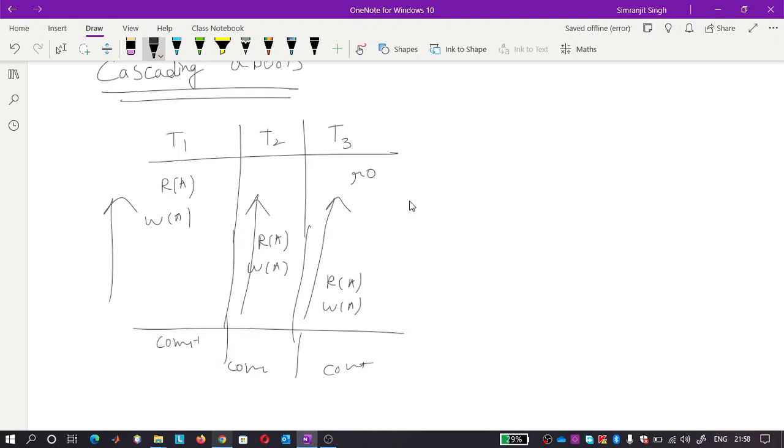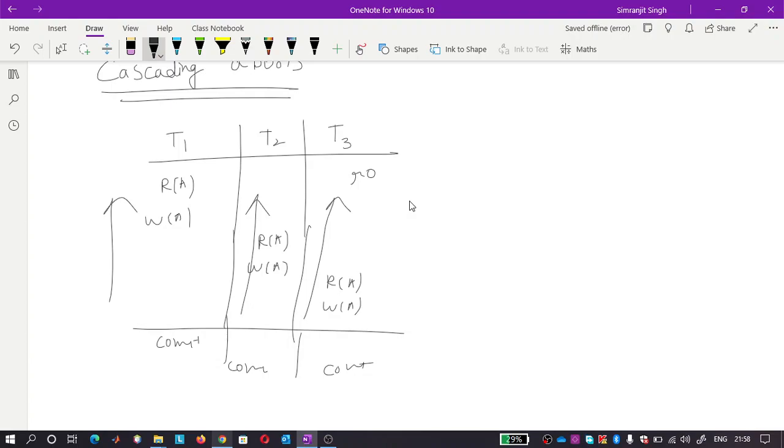Suppose there is a failure, then it will also roll back, it will also roll back, and you're seeing here this is a cascading abort problem. Because of this particular abort, T2 and T3 will be aborted. So this is a lot of time wastage, because we are reading from uncommitted data. How to save this time is that you wait for the commit, then you read. This can be a good alternative to avoid the cascading abort problem.